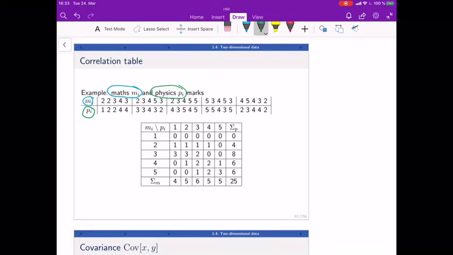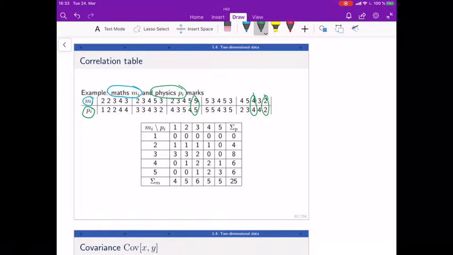You would assume that people who are good at maths also do quite well in physics and vice versa. So how can we prove this? The raw data is not very intuitive, although we sometimes see the 2 4s, 2 2s, 2 5s, so it seems to be somewhat correlated, but we can put it into a table.